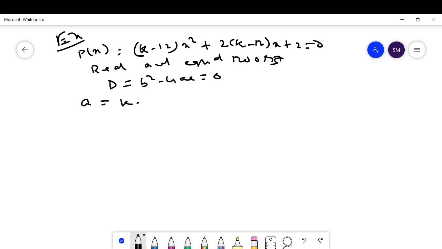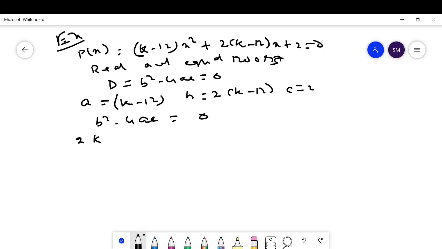Here a equal to k minus 12, b equal to 2 into (k minus 12), and c equal to 2. Then in place of b, we write (2 into (k minus 12)) whole square minus 4 into (k minus 12) into 2 is equal to 0.